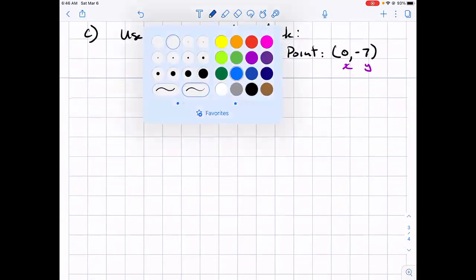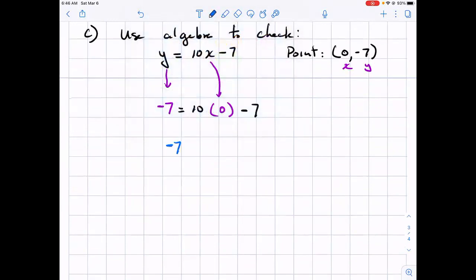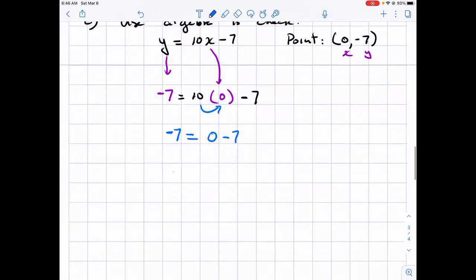So if I simplify this, I have -7. 10 times 0 is 0, minus 7. So we have -7 is equal to -7, and yes, this is true.